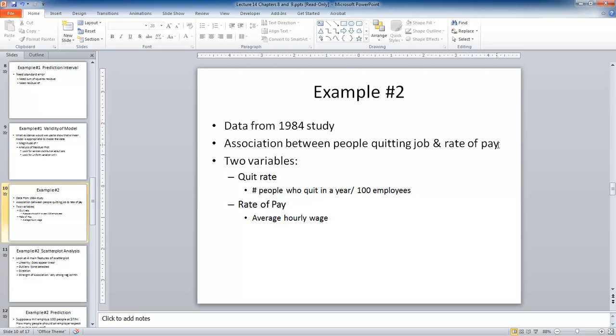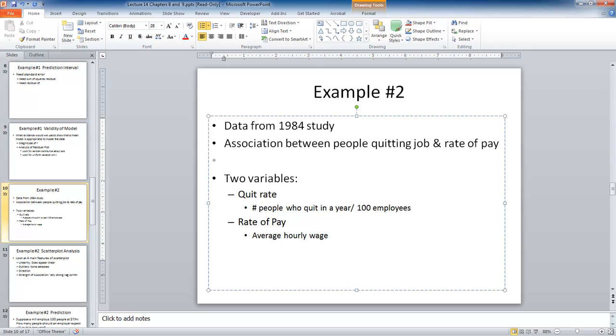The x is the thing that predicts the y. So the basic mantra here is x predicts y. The question is, what's predicting what? Here you want to realize that the pay is predicting the quitting, which makes sense, right? It's not the other way around. So that's what we want to look at.